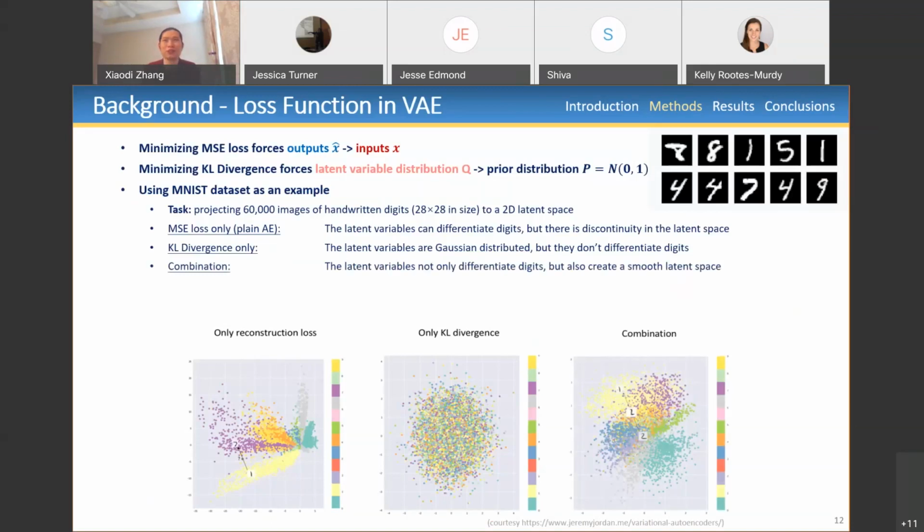But if you train it with both loss functions combined, then you have a mixed effect of the two. You not only have distinct clusters for each class, or each handwritten digit, but at the same time, the overall distribution of the latent space is still roughly Gaussian, as you can see here, meaning it creates a smoother latent space, and you have a better interpretation of every single location of the latent space.